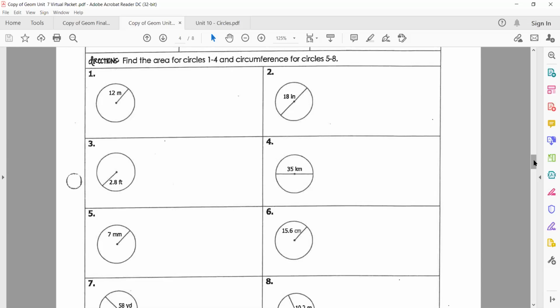I can't remember, I closed it out. Okay, 3.14 times 12. 452.16. Well, when I use the constant pi that's built into my calculator, I got 452.389. Why would I get a slightly higher number than what Jonathan got?